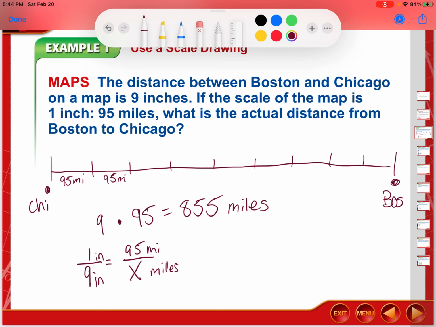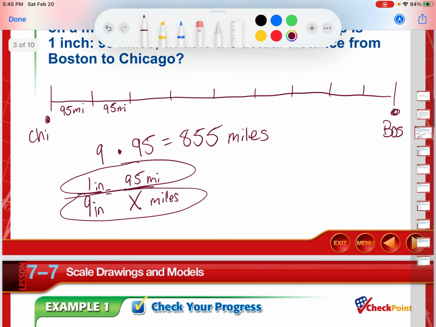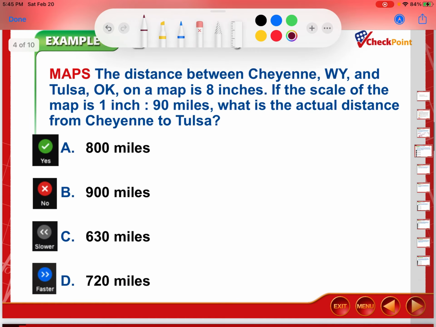So we have our unit, our 1 inch, 95 miles, our small unit on top, and then the real distance on the bottom. And we could cross multiply to get our answer here. It would be 9 times 95 equals 1x, and that would be 855 miles. So if you prefer to set up a proportion, feel free. But me personally, I just like to multiply it out.